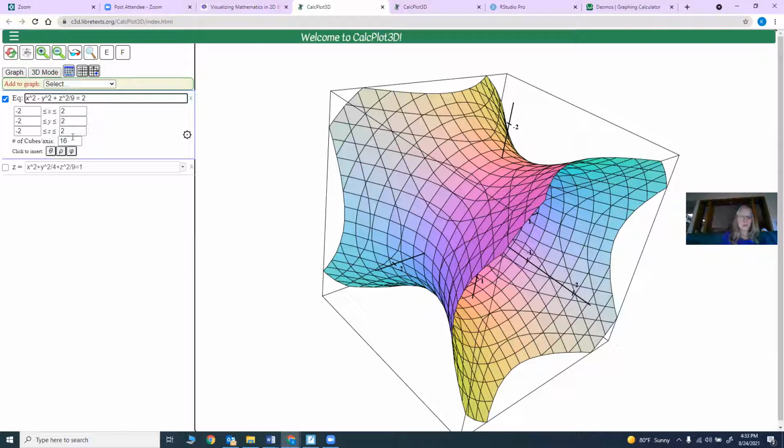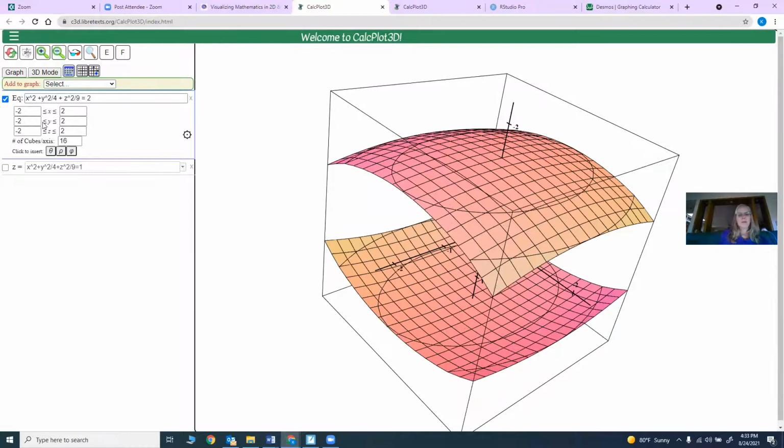And I want the y squared divided by 4. Oh, I want plus. That's why my mistake is. Okay. All right. So now we're going to graph this one up. There we go. So there's what it looks like.